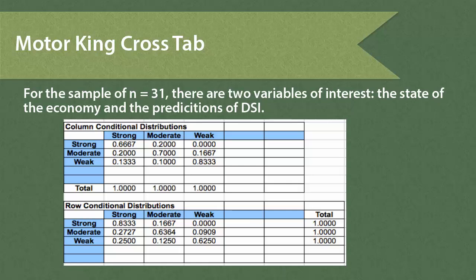And then finally, if they predict weak, I need the probability that the economy is actually strong, moderate, or weak. With my 9 payoffs and these conditional probabilities, I can determine an expected monetary value for Motor King, and given then the probabilities that DSI predicts strong, moderate, or weak, I can work all the way back to get an EMV given the DSI information.